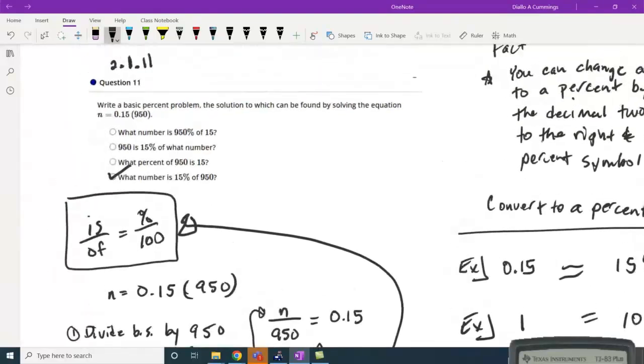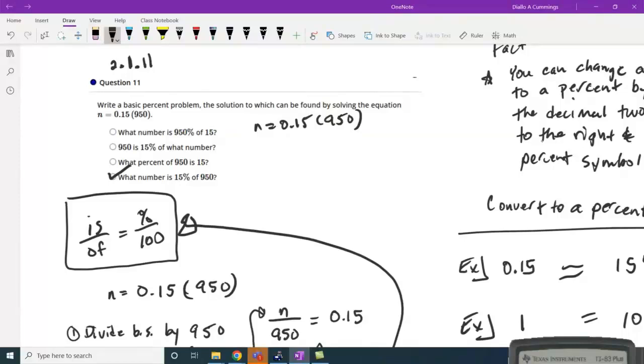Now, playing devil's advocate, what if I divided both sides by 0.15 instead of 950? Let's see what that looks like.